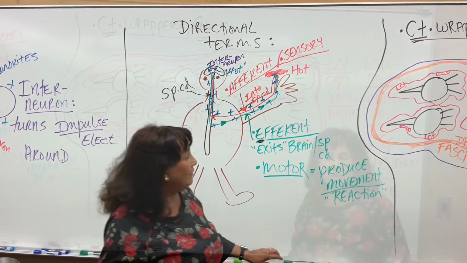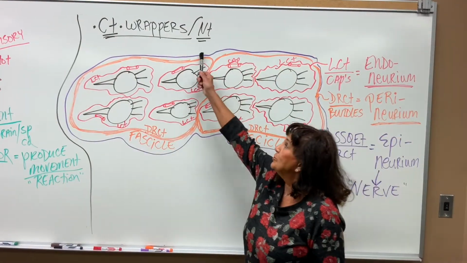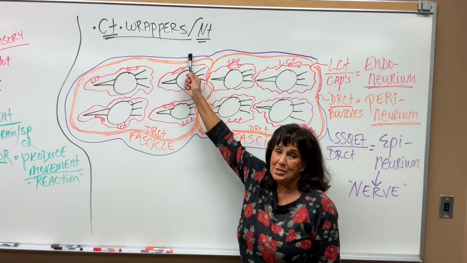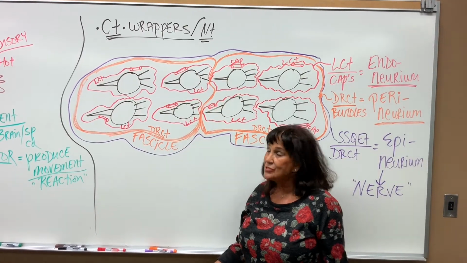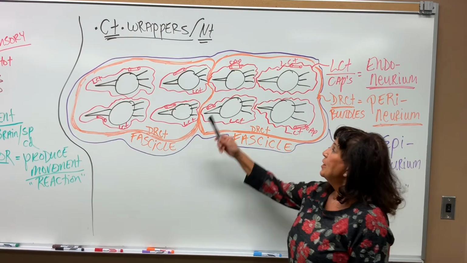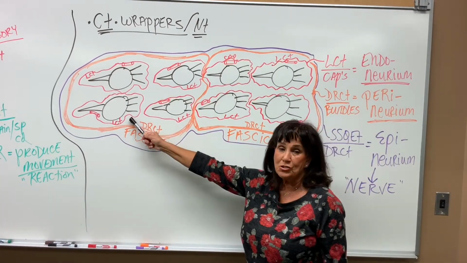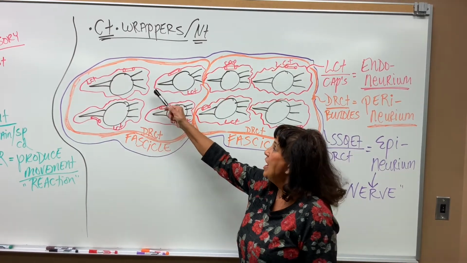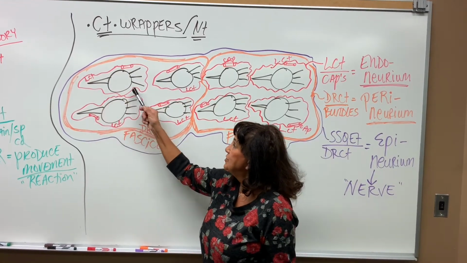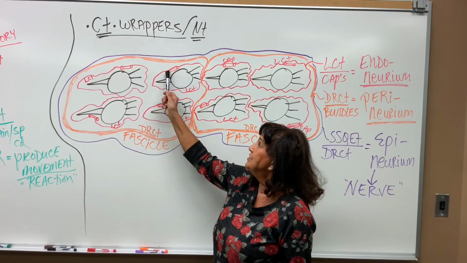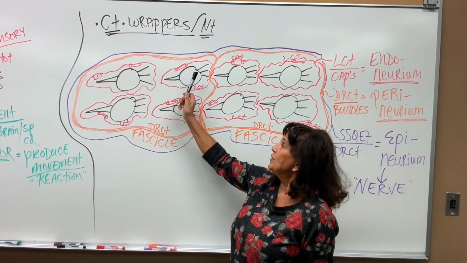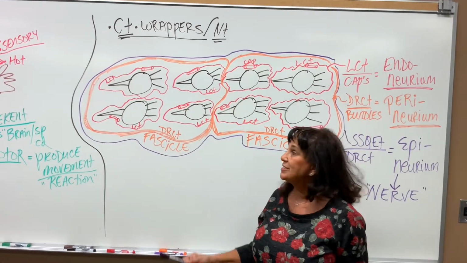All right, now the last CT wrappers in nerve tissue, which are very similar to the muscle CT wrappers. I drew a bunch of individual neurons right here, and basically every neuron has to have loose CT around it with the capillaries in it, so it can be fed, and then waste material can go back out into the capillaries.